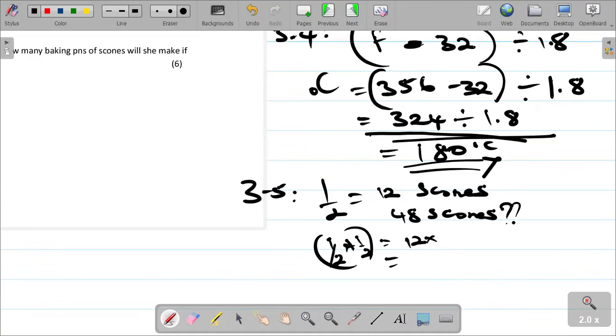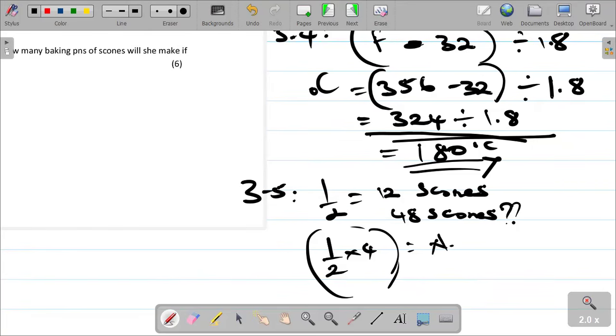So this is equal to half times 4, which is equal to the number of teaspoons, which is equal to 2. 2 spoons can be used because we are saying half can give us 12.